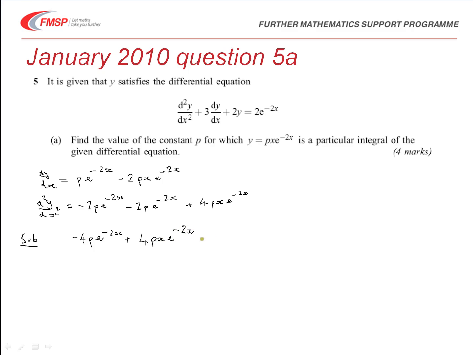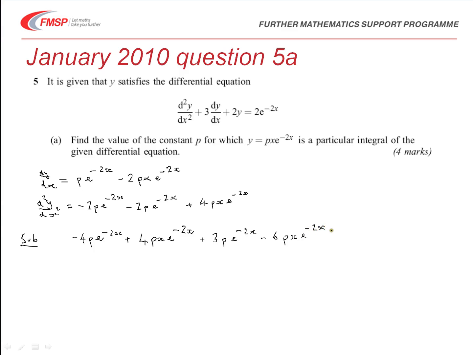Then we get 3 lots of the dy by dx, so that's 3p e to the minus 2x. And then it's minus 6 lots of px e to the minus 2x.